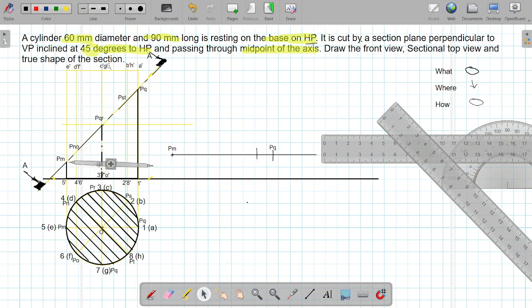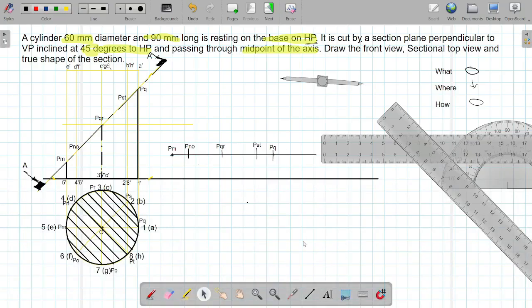Then measuring the distance from PM to PQ and R. Keeping at PM. This is PQR. And then finally PM to PNO.